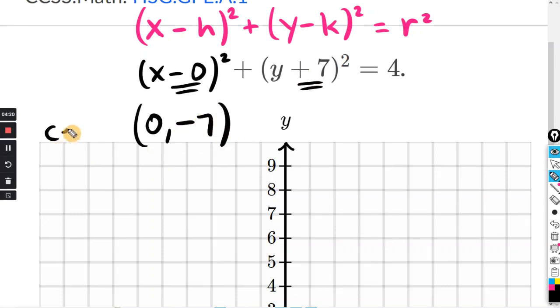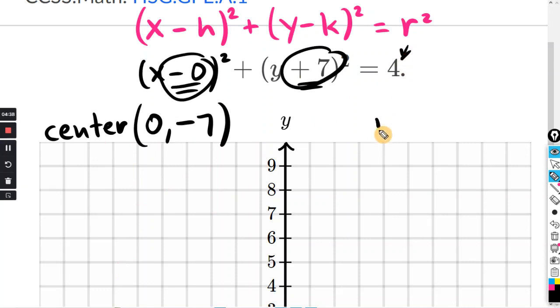And that right there is going to be the center. So like I said, the shortcut is just to change the plus minus sign on those numbers for the x and y coordinates. That's the coordinates for the center. And r squared equals 4. And same as before, square root of both sides, r equals 2.